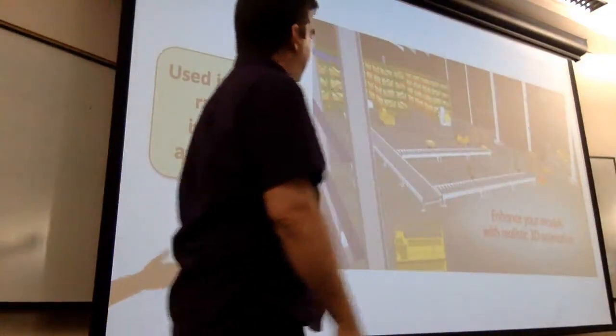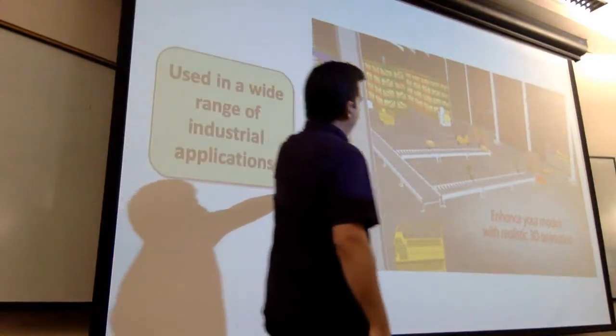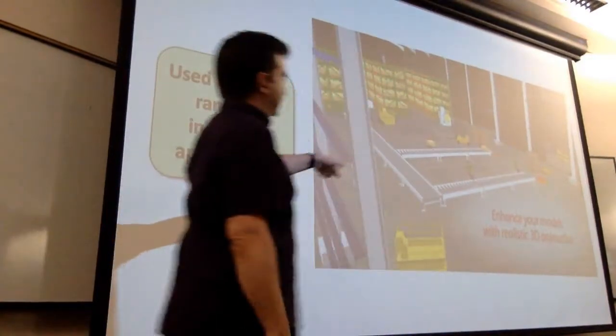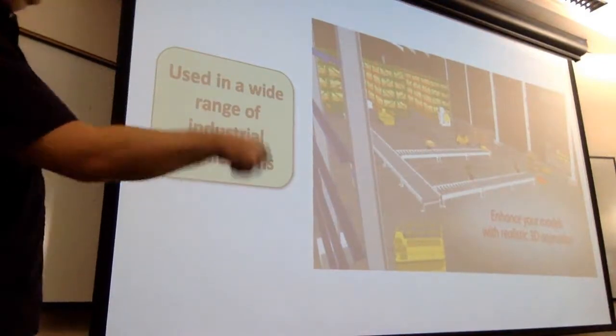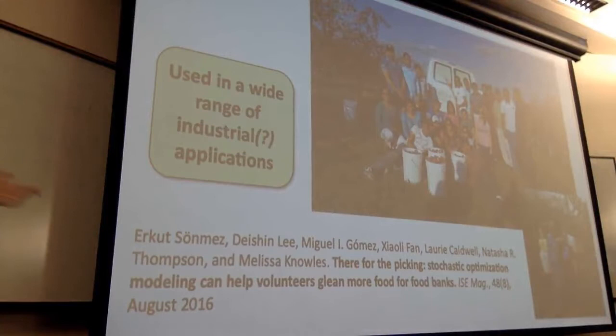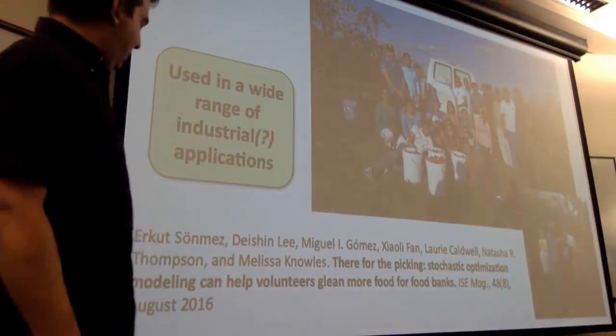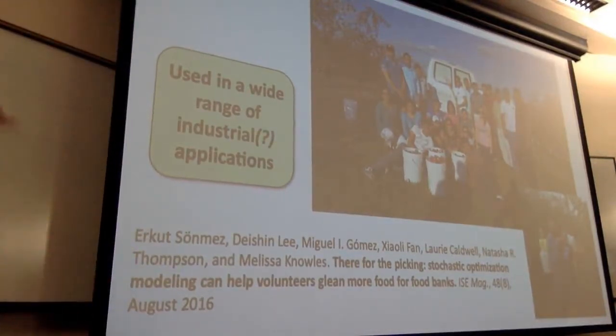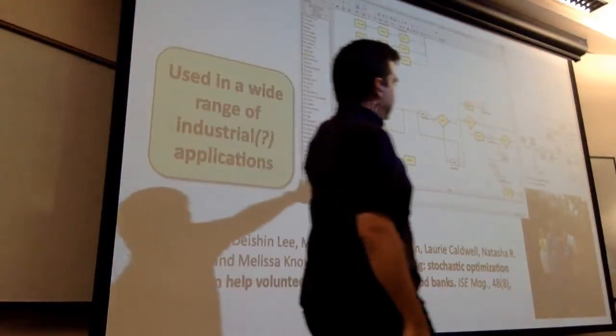It's not just for airports. It can also be for warehouses. So this is another example from a 3D, actually this is Arena 3D again. And then there's even these cases, so this was a paper that came out not that long ago, 2016, where it was highlighting the use of Arena to improve the operations of a food bank. So here's the Arena model.